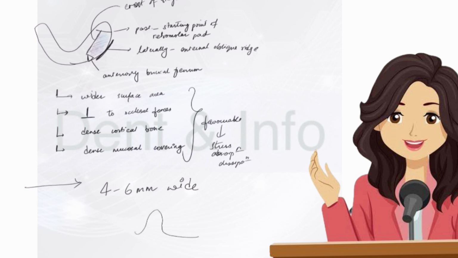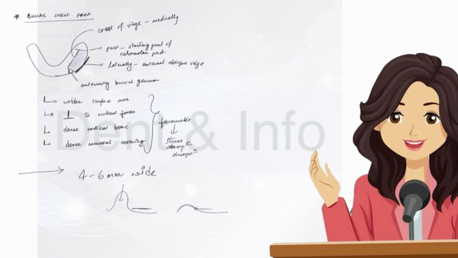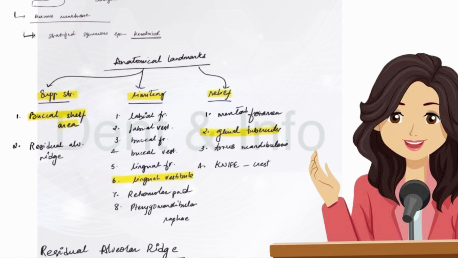Crest of the ridge will be like this, and this would be your area. When the crest of the ridge flattens and comes downward, our area widens because now the crest of the ridge is moving far medially. So the area becomes more horizontal for us, and that is how you get a wider area that is favorable for deriving support.